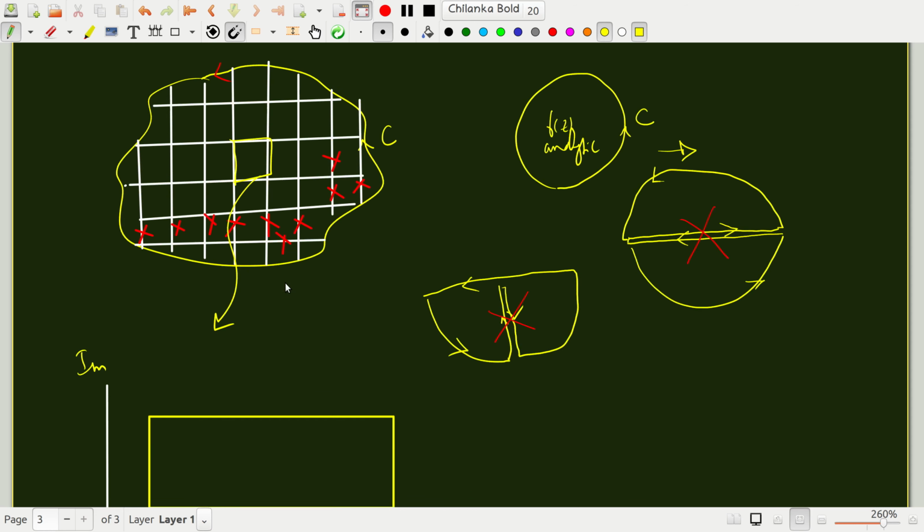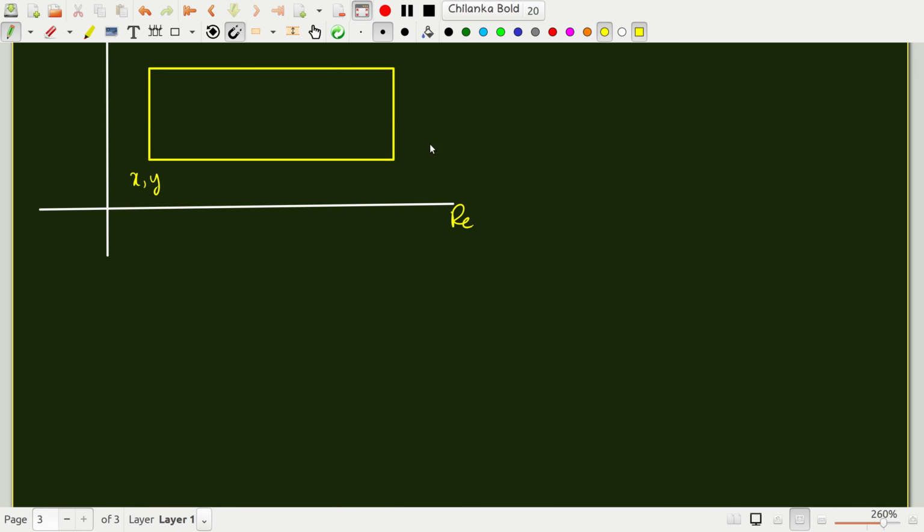So now these intervals are so small that I'm going to say that this is x plus dx, y, this is x plus dx, y plus dy, this is x, y plus dy, and the contour is in a counterclockwise sense. So let's call this 1, 2, 3, 4. We want the integral of f of z dz over this closed contour, okay.